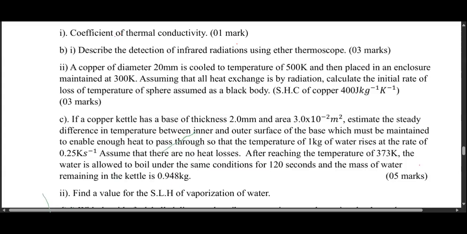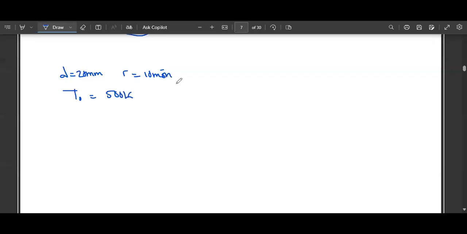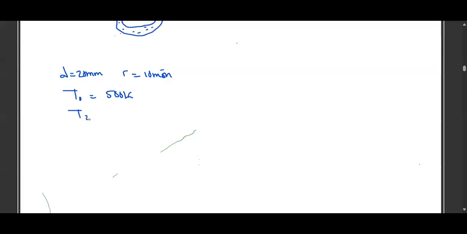So now our initial temperature of the copper is 500 kelvins. Then the temperature of the surrounding is 300 kelvins. Now our C for the copper material is 400 joules per kilogram per Kelvin.